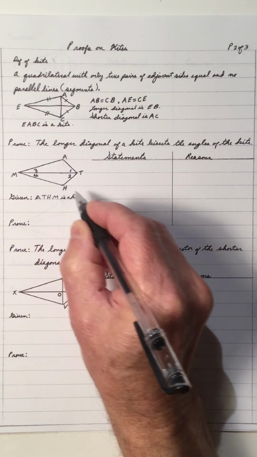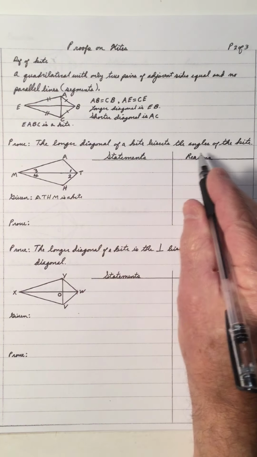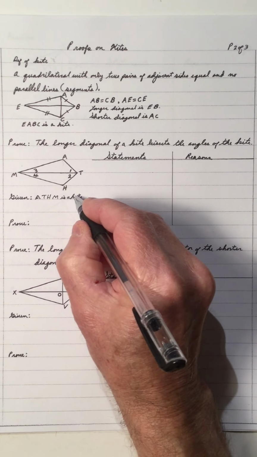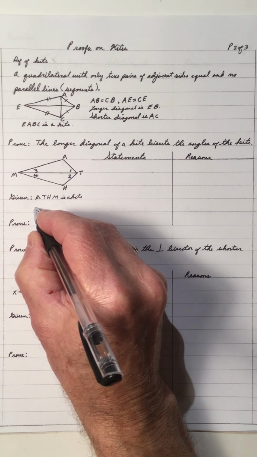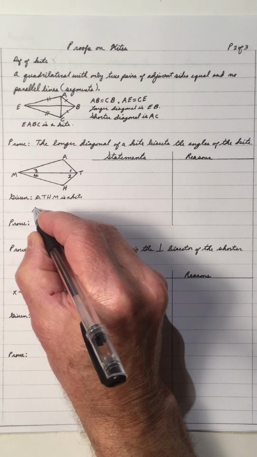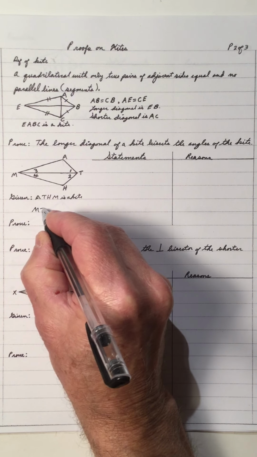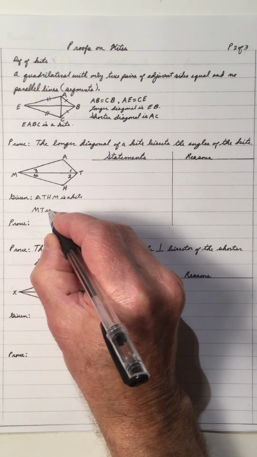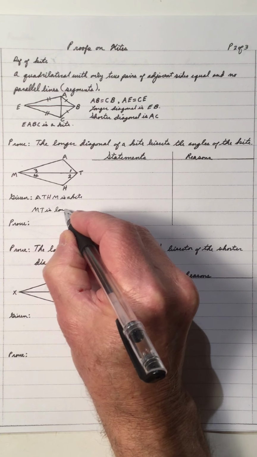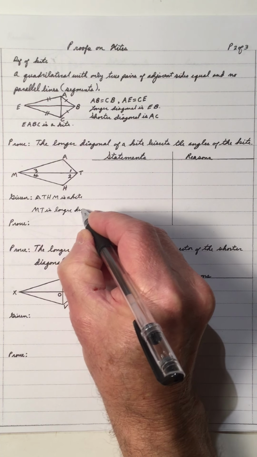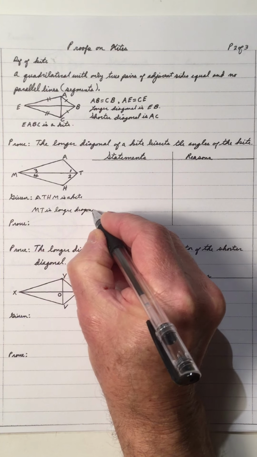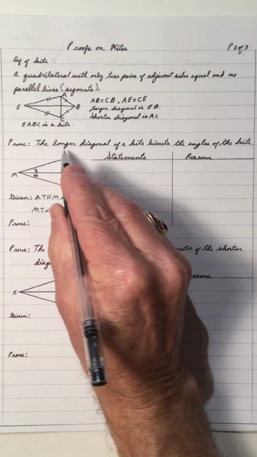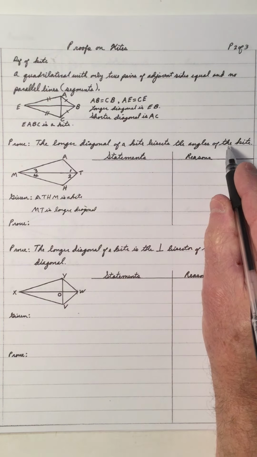Make that an A. ATHM, the longer diagonal bisects. So we have a kite, so that means that MT is the longer diagonal. And we've got to prove that the longer diagonal bisects the angles of the kite.